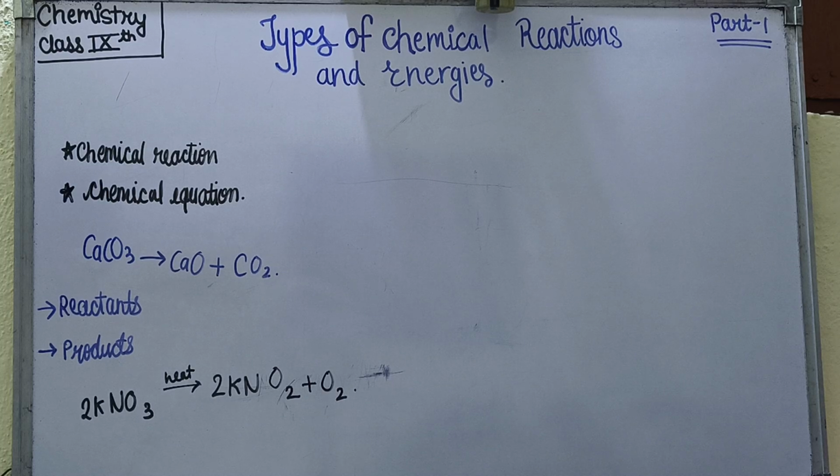Fourth point is the number of moles of each reactant and product: 2 moles of KNO3, 2 moles of KNO2 and 1 mole of O2. The direction of the reaction is in the direction of this arrow, means at this side.